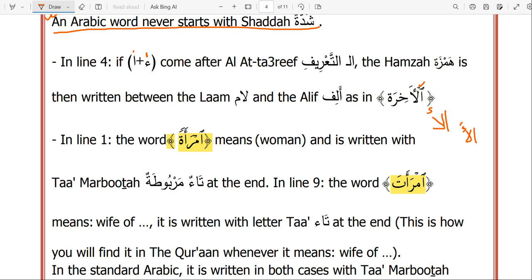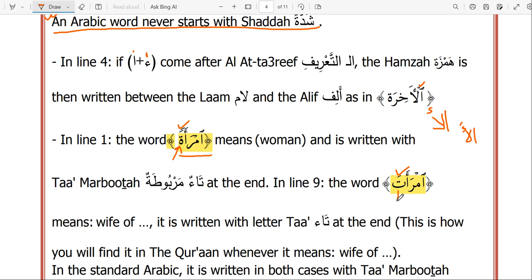Now we come to the word imra'ah. Know that imra'ah is a word. You can write it with the ta marbuta and also with the open ta. So what is the difference between the two? The word imra'ah means woman and is written with ta marbuta at the end. The ta marbuta you see here is a feminine noun. And in the other phrase, it was written with the open ta.